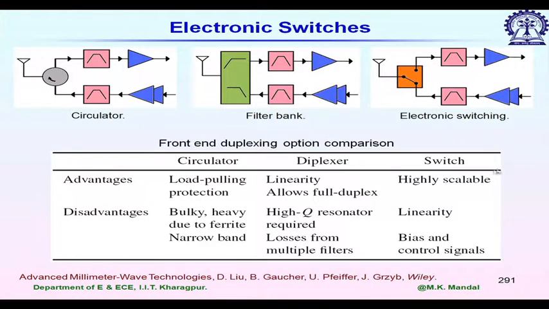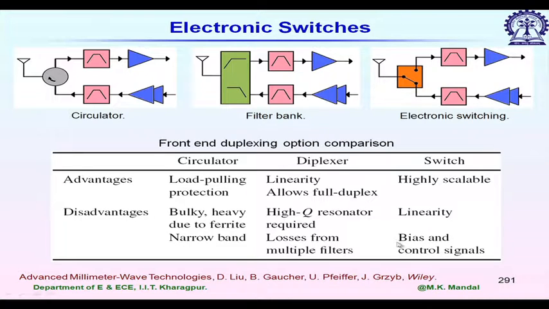So, typically if we go for high power applications, in that case it will generate harmonics and the signal itself will be distorted. So, linearity is a big problem for this type of switch, and not only that, we also have to provide a biasing arrangement and the control signals.